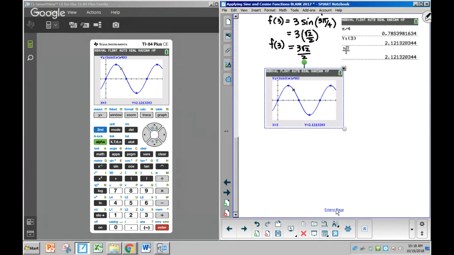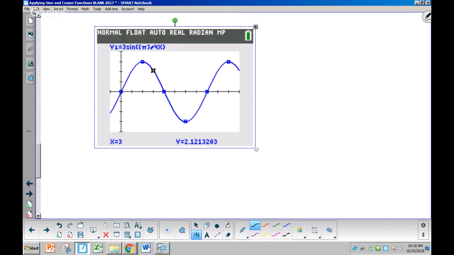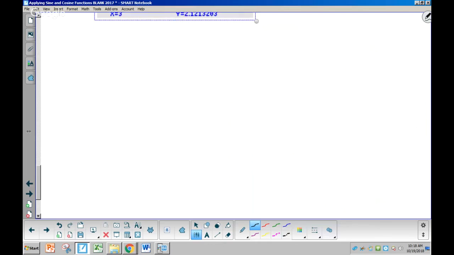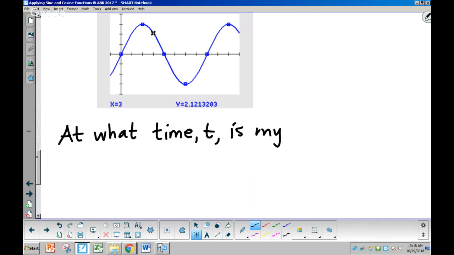So, at what time t is my function, or f of t, equal to 1, right?